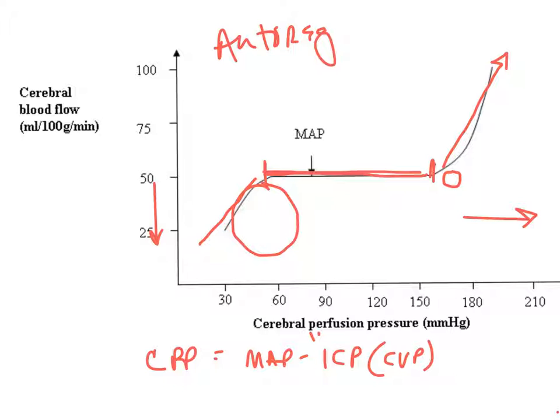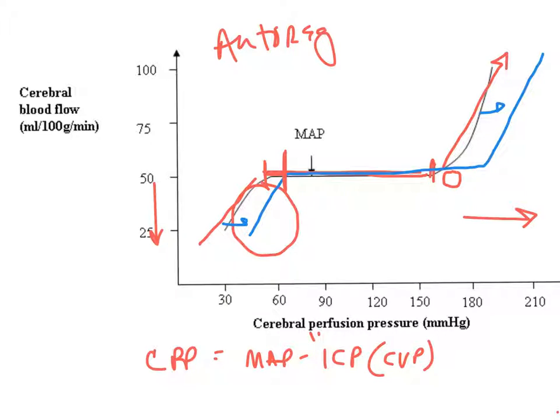It's also important to note that in patients who have chronic hypertension, many times we'll see a right shift of the autoregulation curve. This becomes very important in caring for these patients in that a cerebral perfusion pressure of 60 in a patient who is normotensive can be completely appropriate and adequate.